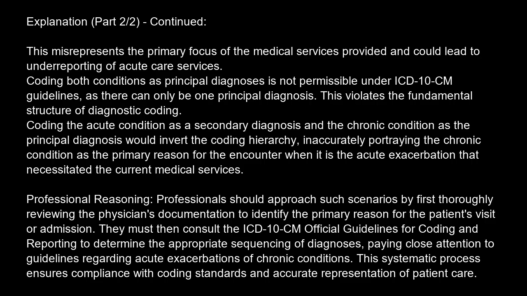This violates the fundamental structure of diagnostic coding. Coding the acute condition as a secondary diagnosis, and the chronic condition as the principal diagnosis, would invert the coding hierarchy, inaccurately portraying the chronic condition as the primary reason for the encounter when it is the acute exacerbation that necessitated the current medical services.